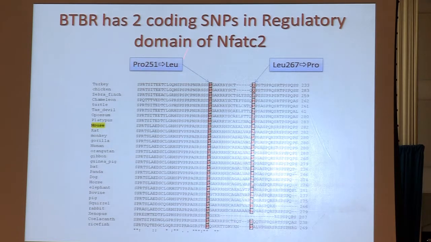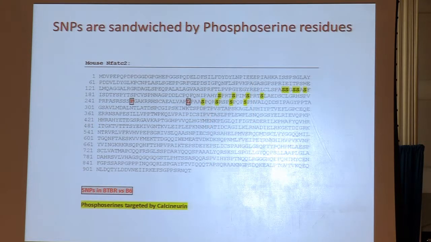And so a proline becoming a leucine is a dramatic change in the overall structure of the protein. We don't know if that actually affects the function. We're asking that question right now, but the degree of conservation suggests that it might. And that's very interesting to us. And I indicate here the proline and these are the two SNPs. They're actually sandwiched between all of those phosphoserines.